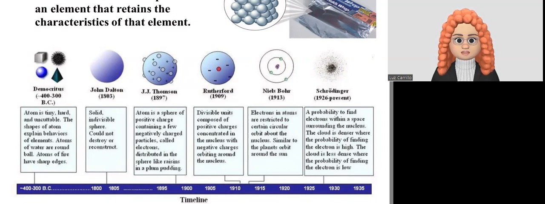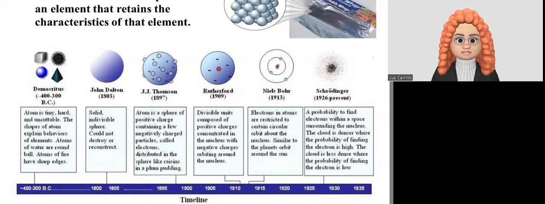He proposed that these atoms were solid shapes, that they were indivisible, and he viewed them as spheres. Through experimentation, he saw that these atoms could not be destroyed or reconstructed.